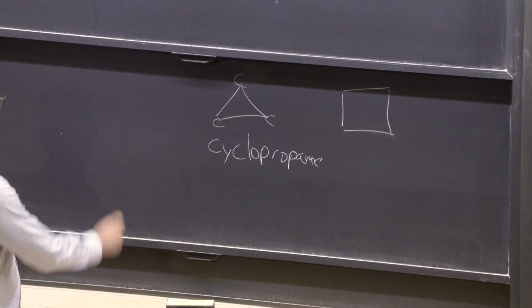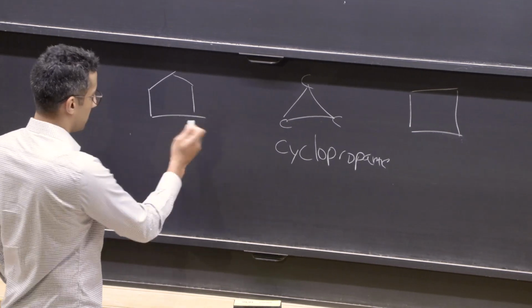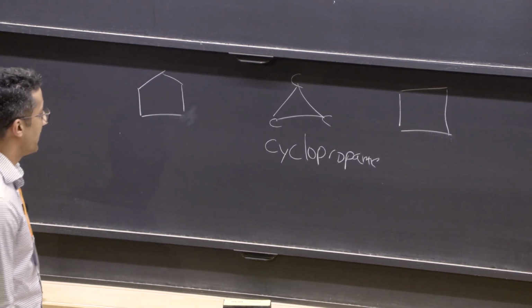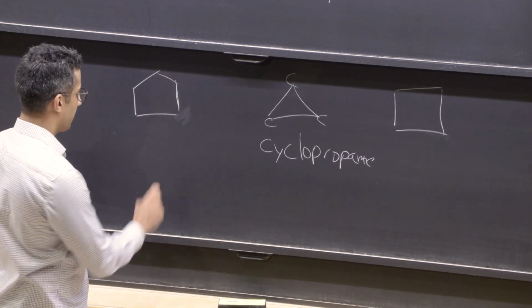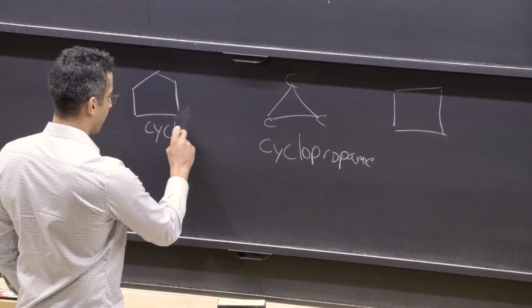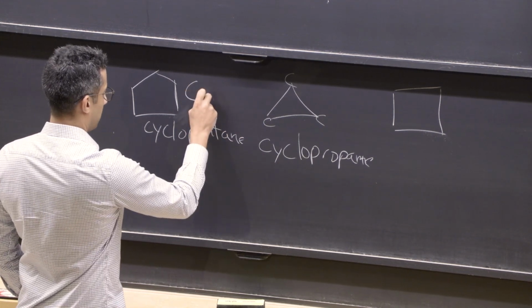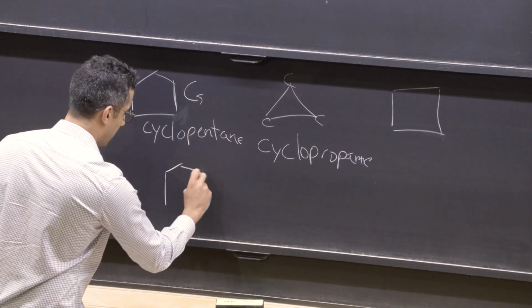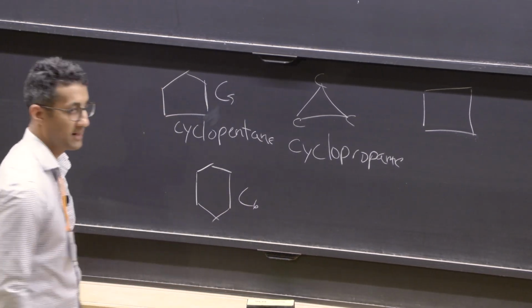Cyclopentane is a pentagon. And that's how cyclopentane typically looks, yeah? So this is a C5 ring. And then the most stable is cyclohexane, C6, and then cycloheptane.